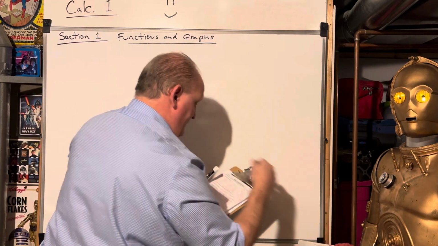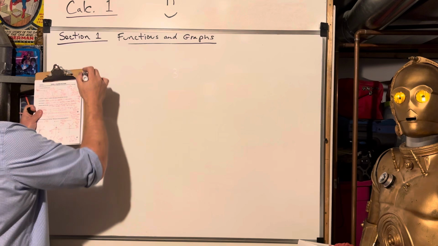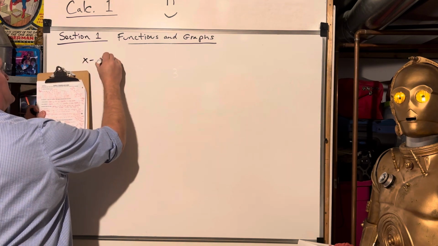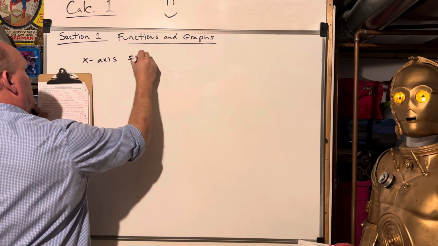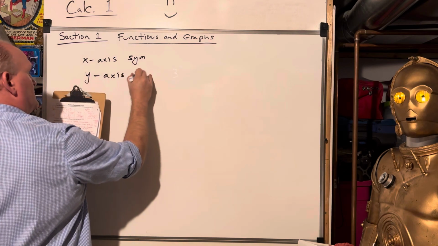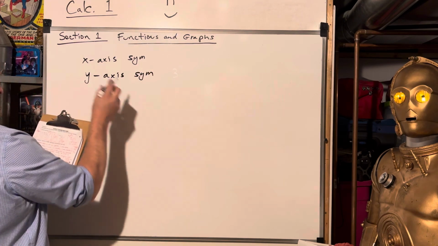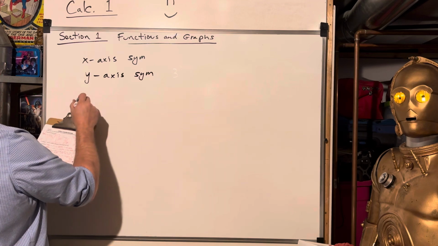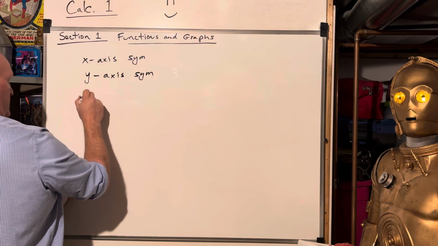We have the x-axis symmetry, the y-axis symmetry. So if it's symmetric about the x-axis, if it's symmetric about the y-axis, or if it's symmetric about the origin.